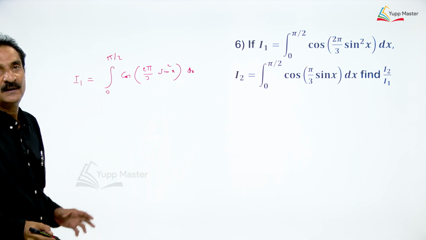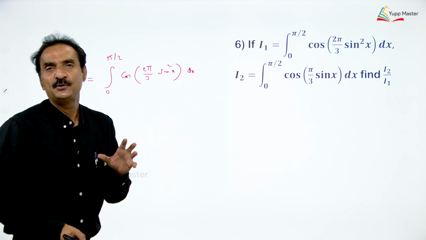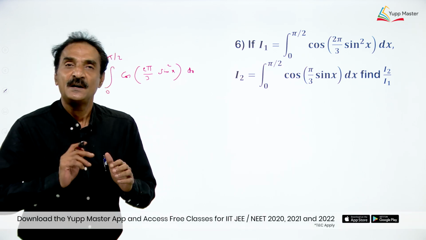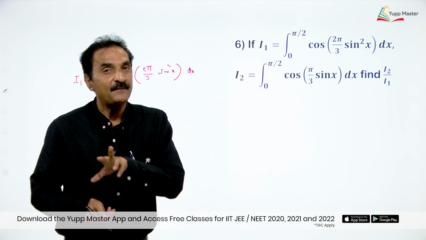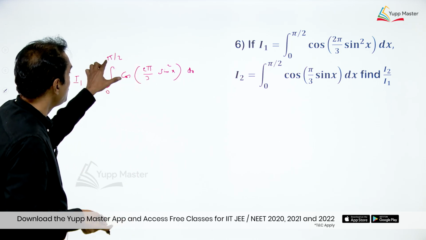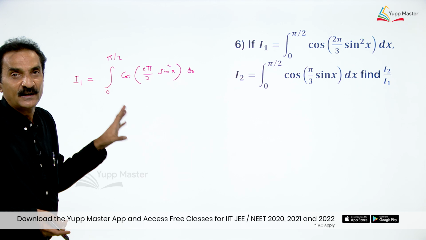Usually when the limits are 0 to a, you will use the property of definite integration. What is the property? Integral 0 to a f of x dx is equal to integral 0 to a f of a minus x dx. That means you can replace x by pi by 2 minus x, the integral remains the same. Okay.